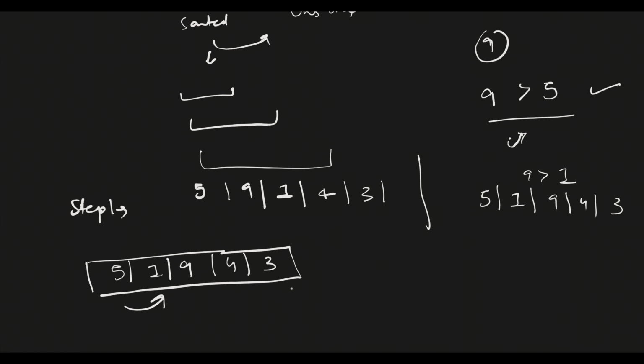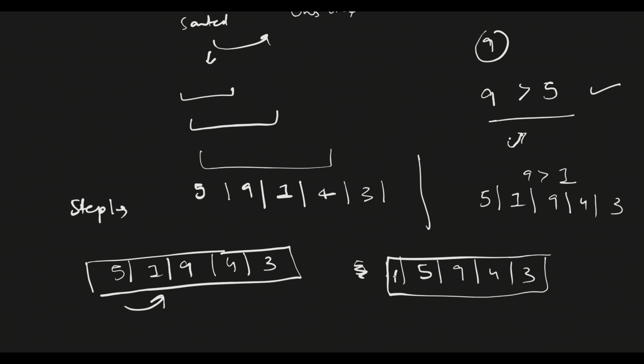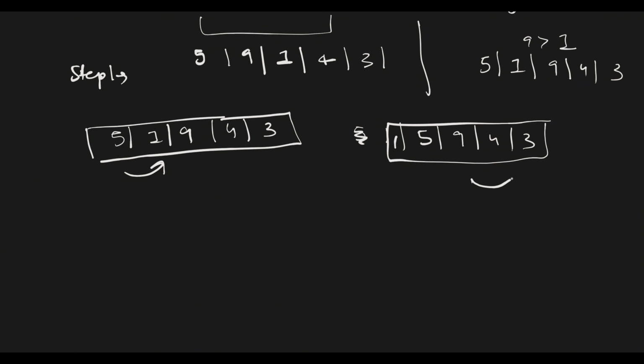Then I will swap here and make it 1, 5, 9, 4 and 3. Then in this step again it will check 9 with 4. Yes, my 9 is greater than 4. Do the swapping, then it will become 1, 5, 4, 9 and 3. But I can see my 4 is also smaller than 5. Then it will become 1, 4, 5, 9, 3.